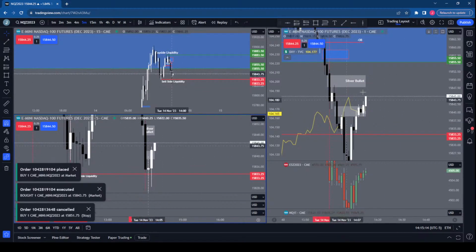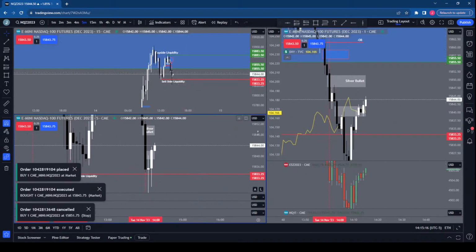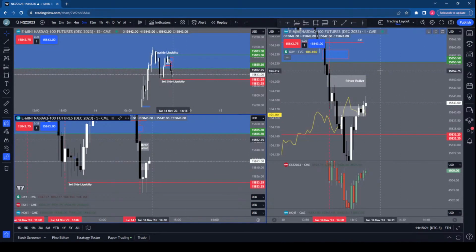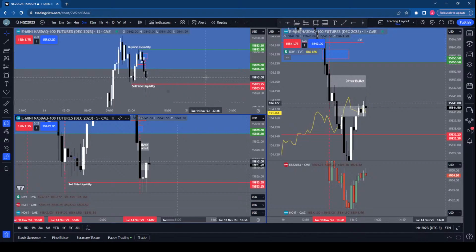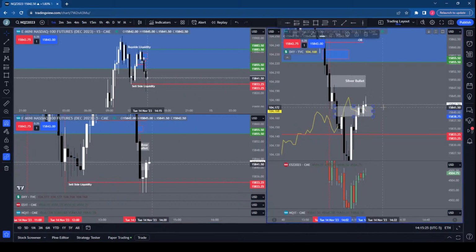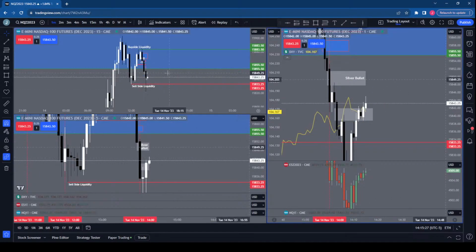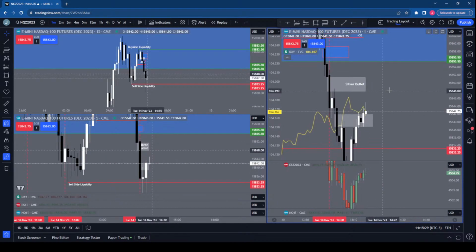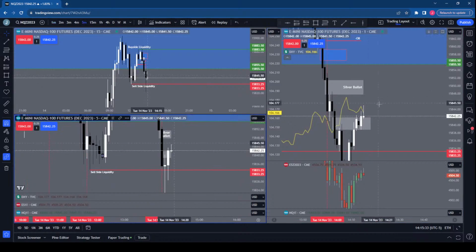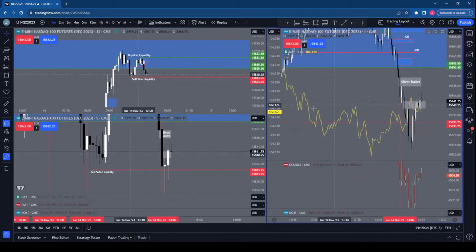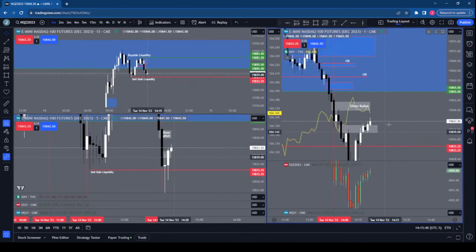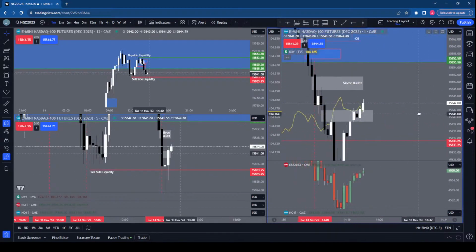Again, because for that theory to work, we're going to have to have such a big stop. And I was thinking about it a little more, and I just didn't like where we were on the higher time frame. This whole price leg was based around this market maker buy model, which we finished that trade idea.